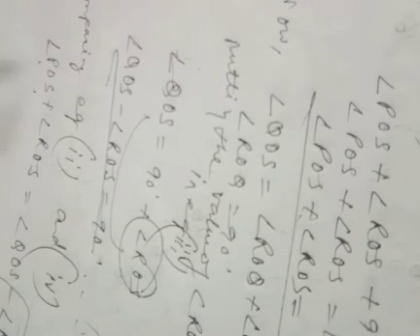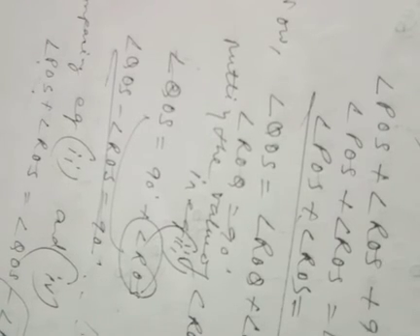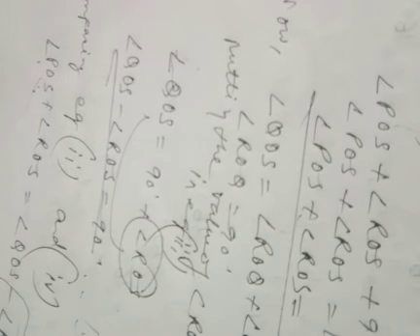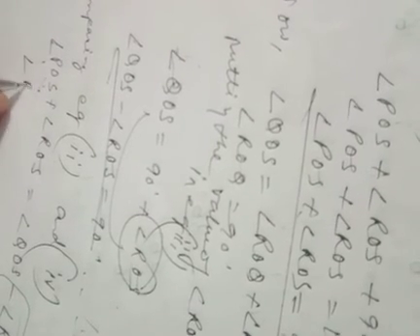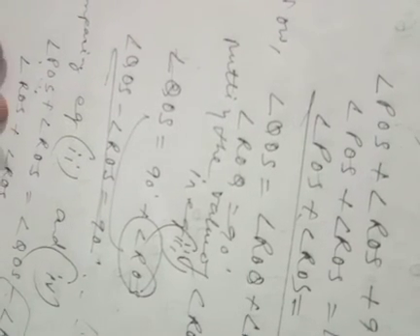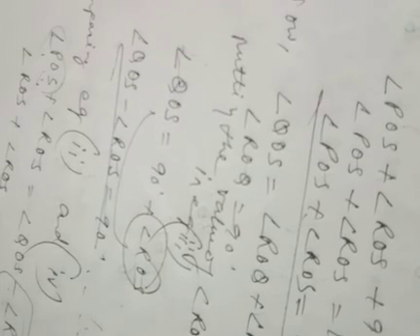Okay students, now bring this minus angle ROS to the left hand side and bring this angle POS to the right hand side. What will happen? Minus angle ROS will change its sign and it will become plus angle ROS. Now bringing this angle POS to the right hand side, you will get minus angle POS.